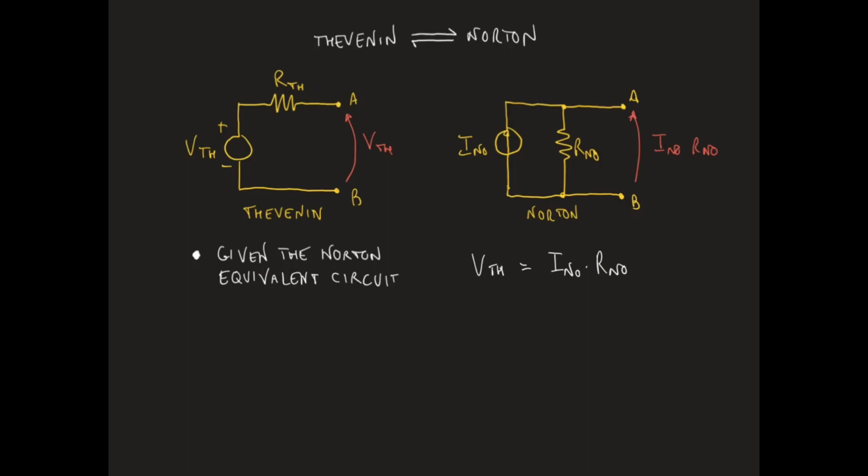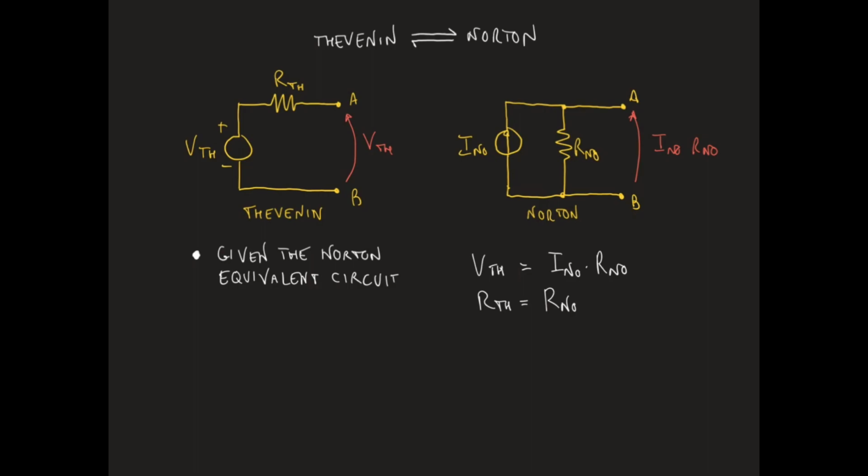As already said, the Thevenin resistance, R_TH, will be equal to the Norton resistance, R_NO. This can be easily verified by computing the equivalent resistance between nodes A and B in the two equivalent circuits.